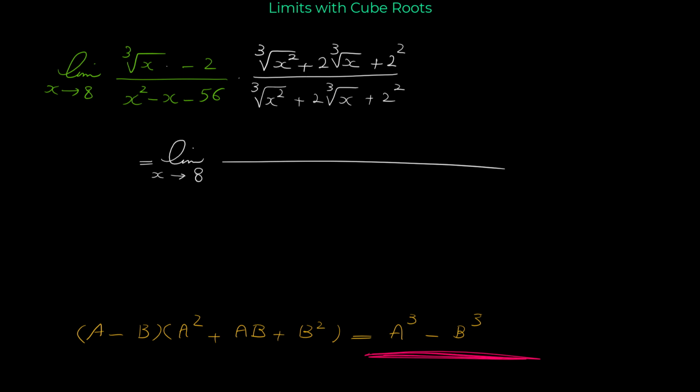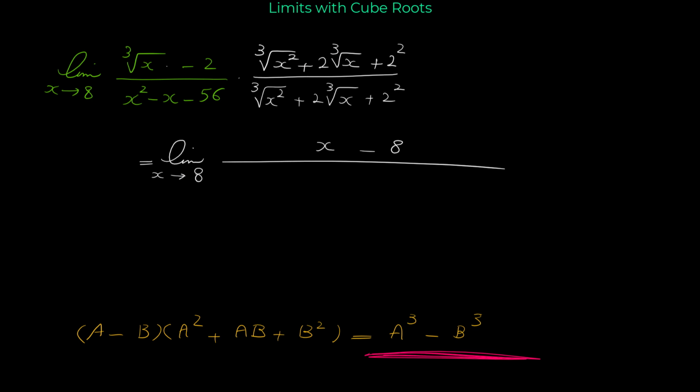A to the 3 is cube root of x to the 3. b to the 3 is 2 to the power of 3. Cube root of x to the 3 is x. So this is x. And 2 to the 3 is 8. So in the numerator we have x minus 8.